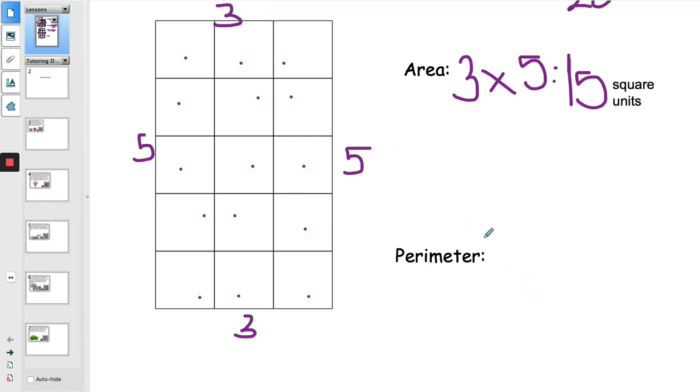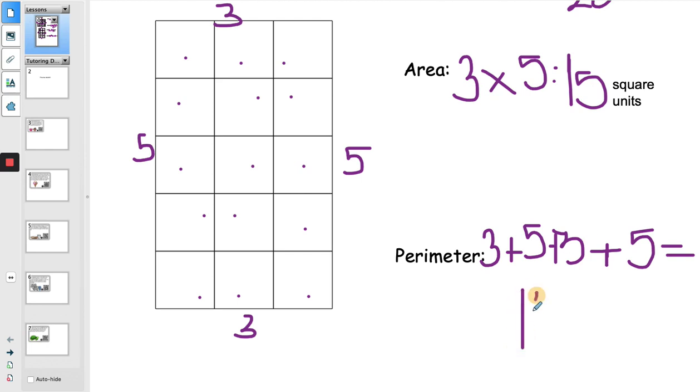So I'm going to do 3 plus 5 plus 3 plus 5. When I add those together, I have 8 plus 8 is 16 units. So this is how you find your area and perimeter.